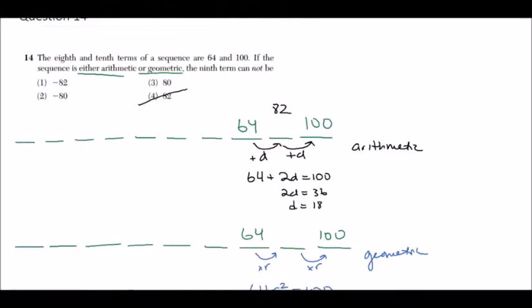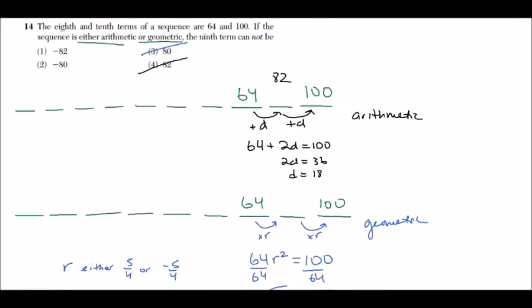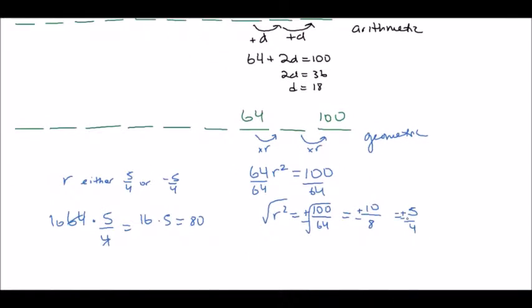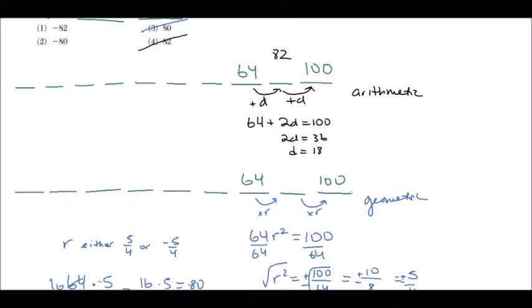So 80 is definitely good. And as we mentioned before, if we take negative 5 over 4, then we would get negative 80. And then when we multiply it again, we would go back to the positive 100. So 80 or negative 80 would work just fine here.